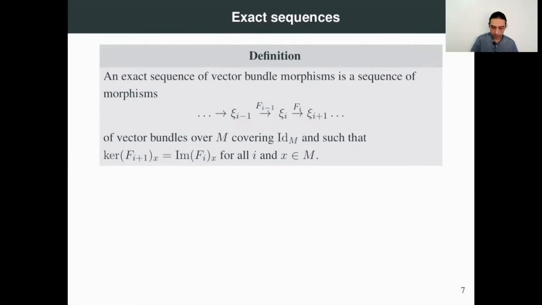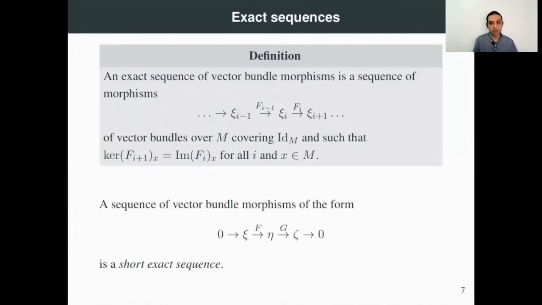So we get this condition in which this kernel is actually a subspace of psi_{i+1,x}, and also the image of f_{i,x} is also a subspace of the same vector space on the same fiber. And what we are requiring is that for every x and every i, these two subspaces are the same one, they coincide.